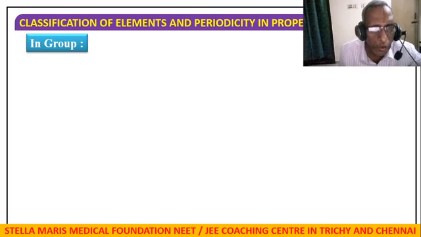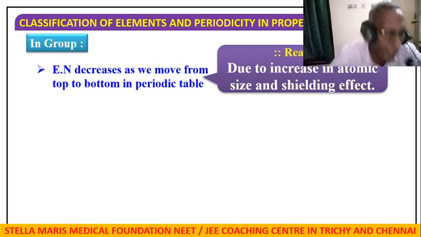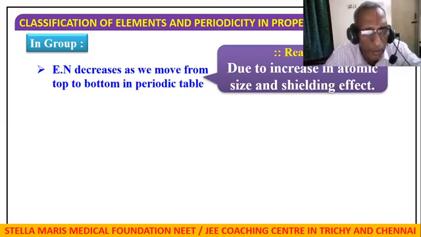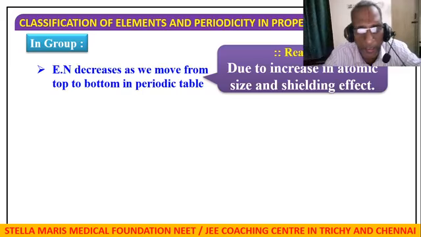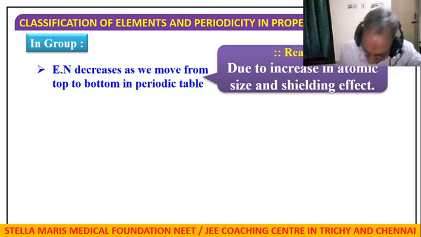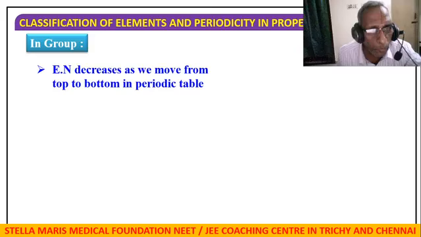Lastly, electronegativity decreases along the group and increases along the period. This is because of the increase in atomic size and shielding effect, these two are the standard factors. You have to compare size and shielding effect. In this periodic table chapter, you have to be thorough with atomic size and shielding effect. With this you can explain easily.